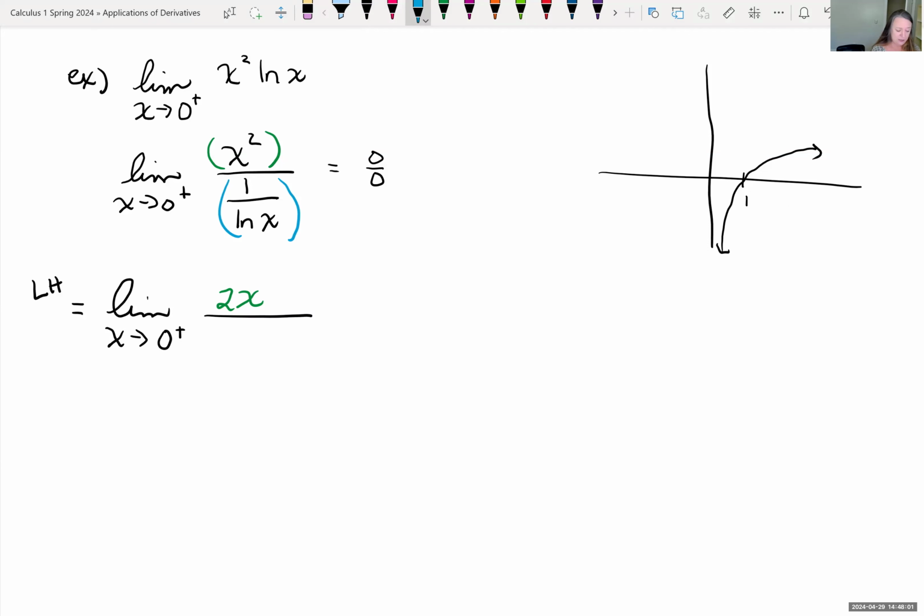So the derivative of my numerator 1 is 0, minus the derivative of the natural log of x, which is 1 over x times 1, all over the natural log of x quantity squared.